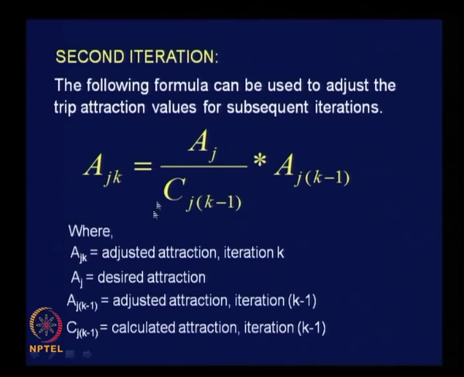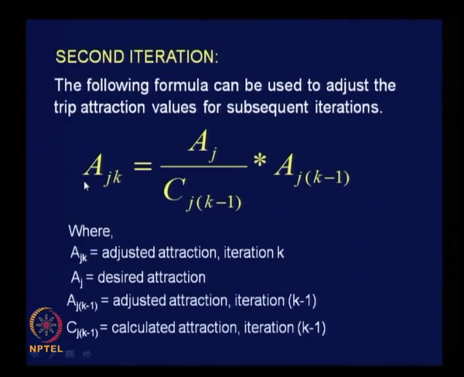When we have a smaller value in the denominator corresponding to the observed value and multiply that by the trip attraction value that you have given as input for that particular iteration, for the subsequent iteration you are going to get a value higher than the value that you used for the previous iteration, isn't it? So Ajk will be higher than Cj(k-1). Instead, if Cj(k-1) is larger than Aj, then you will get a reducing effect because the denominator is larger.